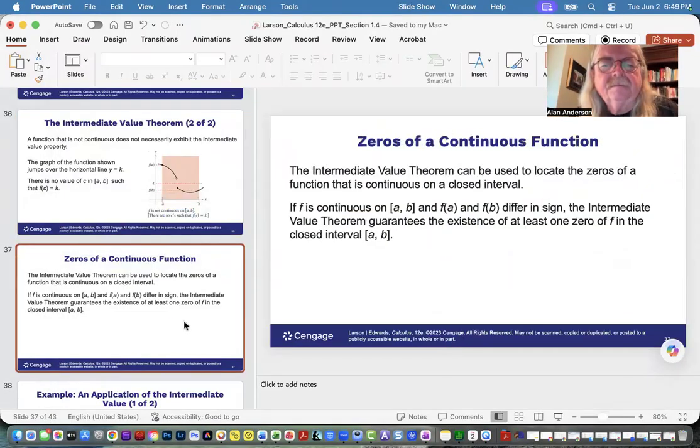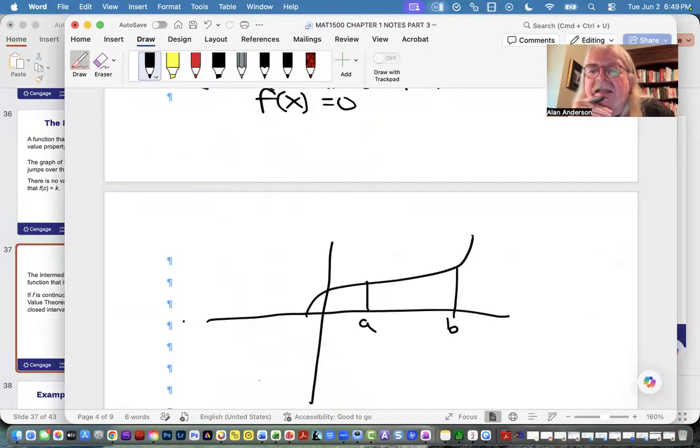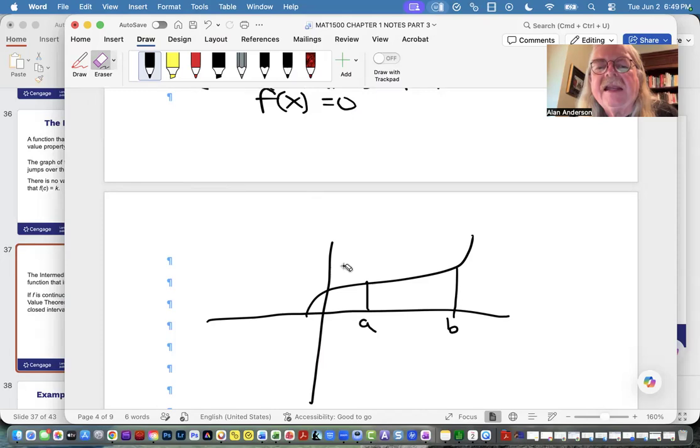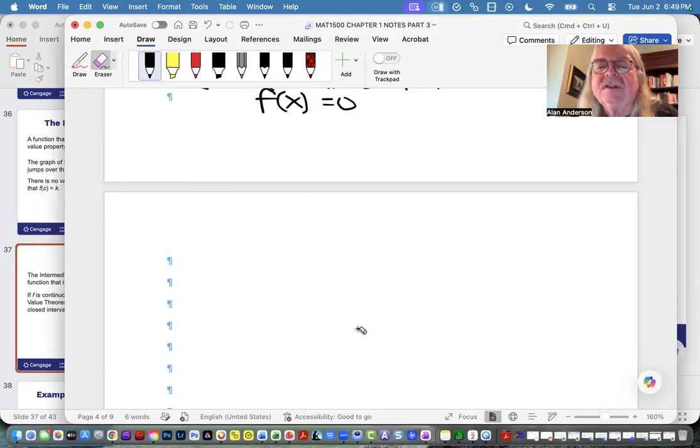Oh, but only if, okay, that was the key to the whole thing. It's not enough for f of A and f of B to be different. They have to have different signs.